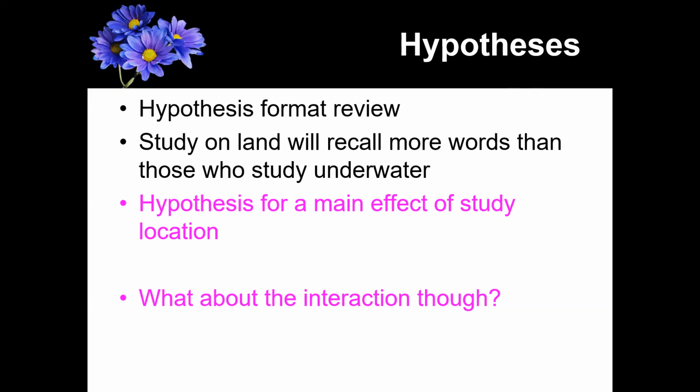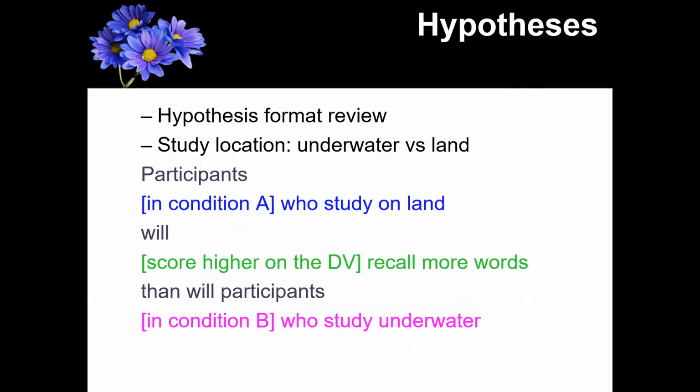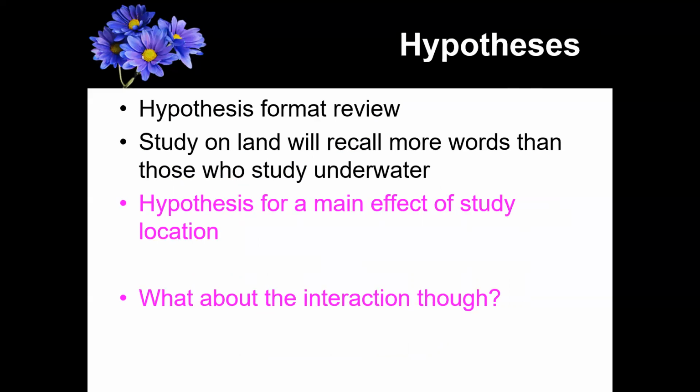Like we looked at here with this example, this gives the impression of a main effect, but it's really just the interaction. So just make sure if you're making a hypothesis, you talk about the interaction. The main effects are more optional. It just depends on your research question.